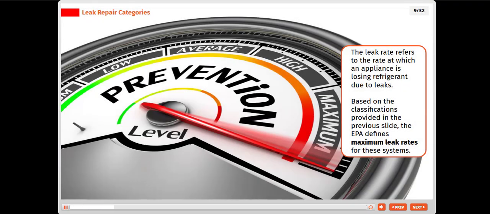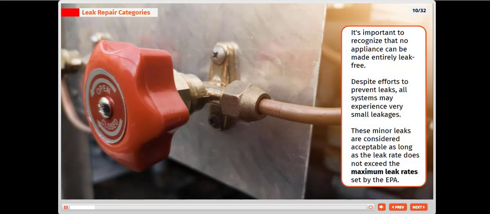The leak rate refers to the rate at which an appliance is losing refrigerant due to leaks. Based on the classifications provided in the previous slide, the EPA defines maximum leak rates for these systems. It's important to recognize that no appliance can be made entirely leak-free. Despite efforts to prevent leaks, all systems may experience very small leakages.